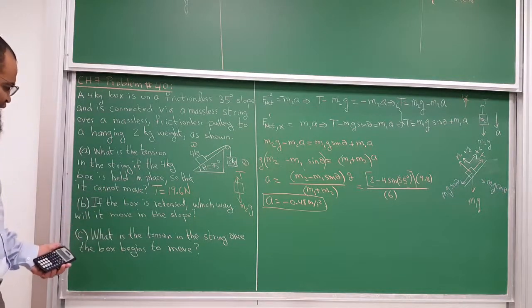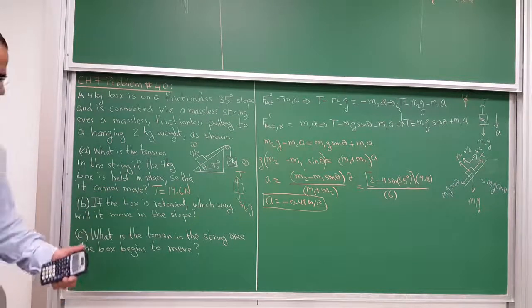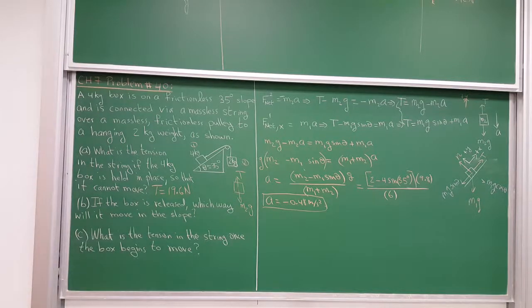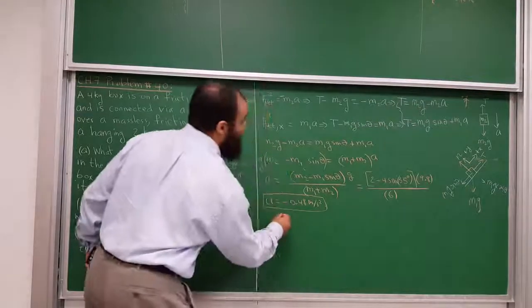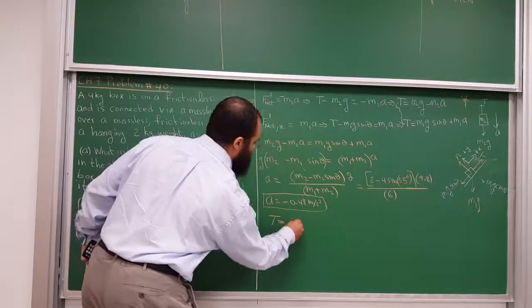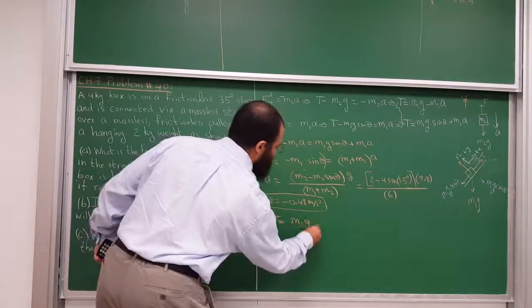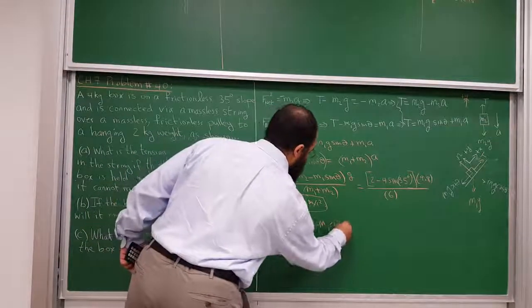And then it says, what is the tension in the string once the box begins to move? So we can use any of those equations. The first one says tension is equal to m2 times g minus m2 times a.